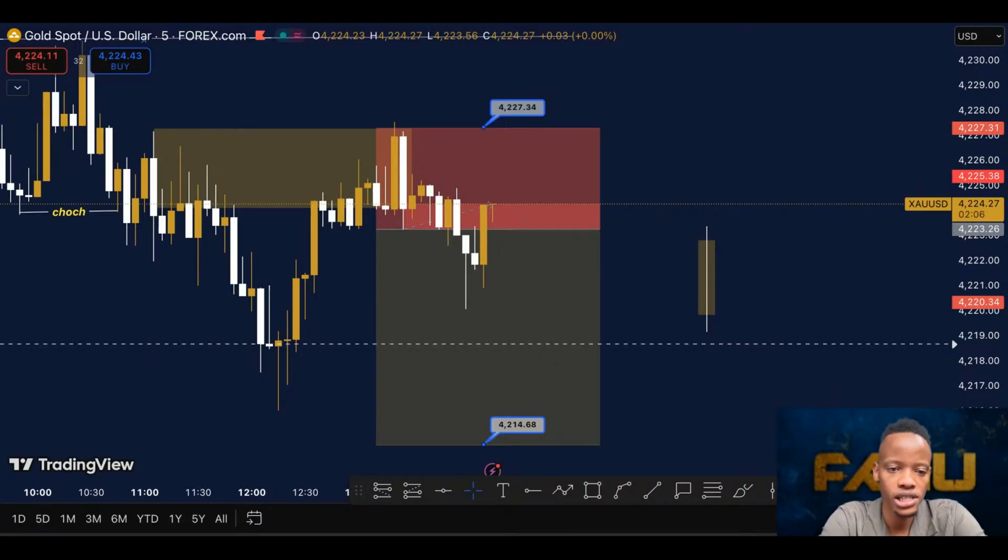The trade is currently reversing. So we're going to have the best lesson if it goes up to our SL.